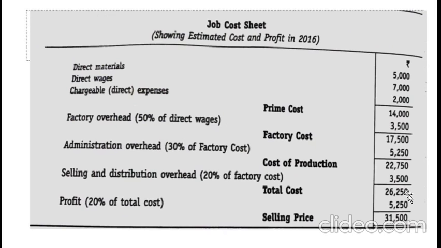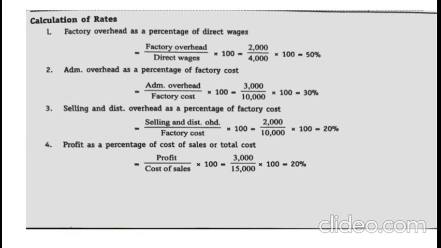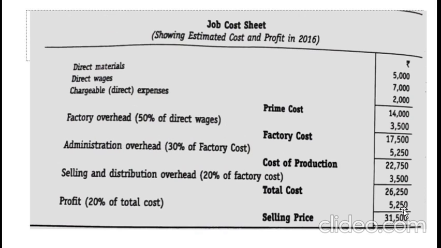So you have cost 26,250 into 20% of total cost, which will give you 5,250. So your total cost plus your profit will give you your selling price, which is 31,500. So this is your estimated cost sheet. Thank you everyone.